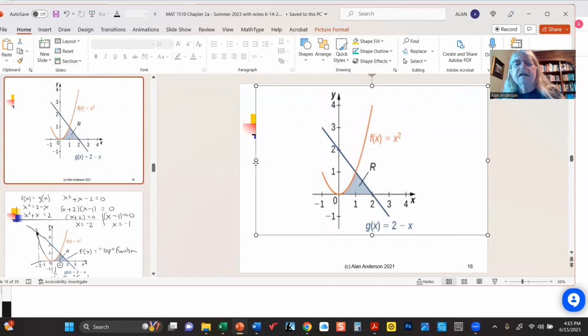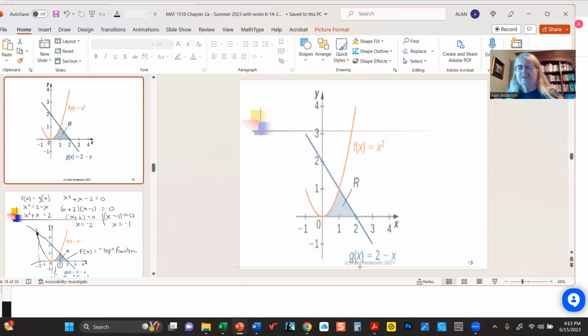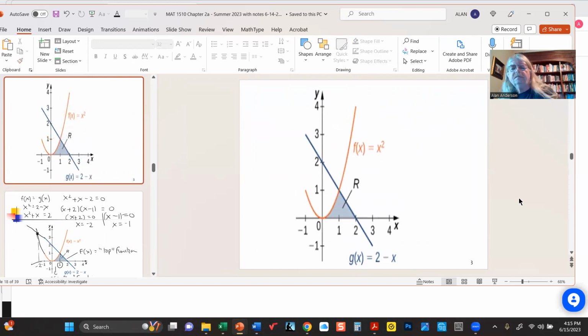So you can see now they're going to cross, given that one is a straight line and one is a parabola. So the area we're after is 0 to 2. Now, what is important, you can see they cross here.